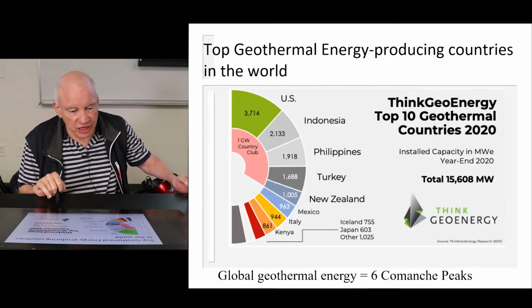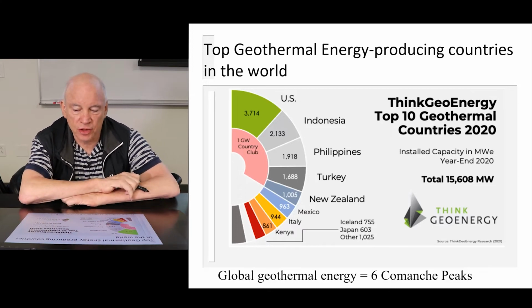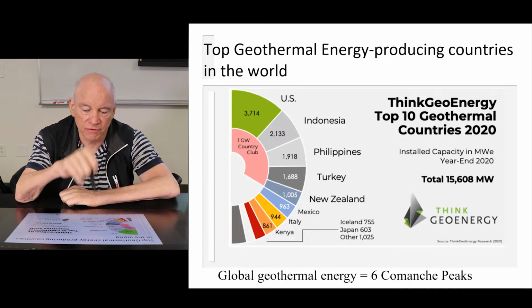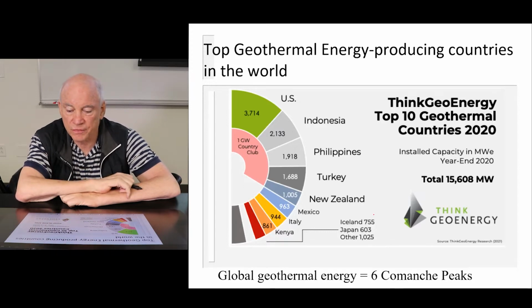So, the United States is the number one geothermal energy producing country in the world, followed by Indonesia, the Philippines, Turkey, New Zealand, Mexico, Italy, Kenya, Iceland, Japan, and others.